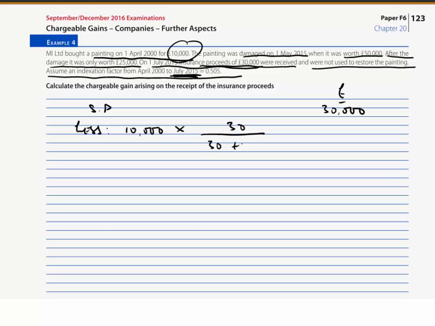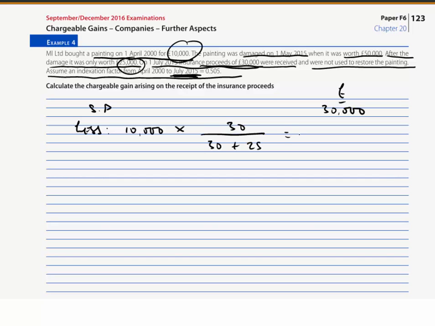Now this was the value of the asset in its damaged condition, in which condition we're going to leave it, because we're not going to use the insurance money to actually repair that asset. So in its damaged condition, it was worth £25,000, plus 25.